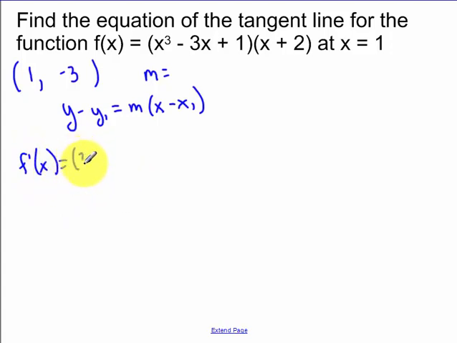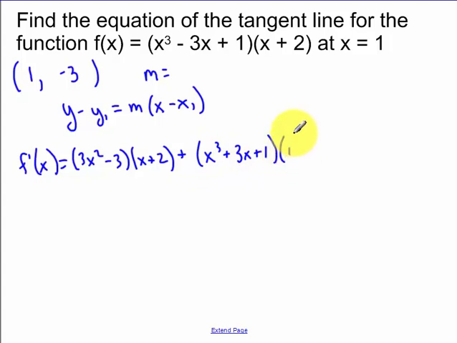Okay, derivative of the first. Leave the second alone, plus leaving the first alone, plus leaving the first alone. Derivative of the second is 1. Okay, so now f prime of 1, so you plug in 1. So I have a 3 minus a 3. And I have a 1 plus a 2.